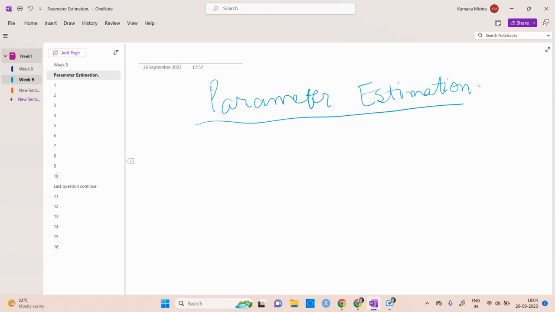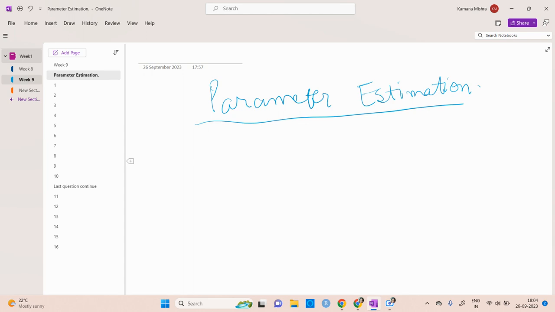Next we check whether it is consistent or not. It will be in the form of a probability. When n tends to infinity, the probability that the estimator differs from the real value by more than any small real value goes to 0.